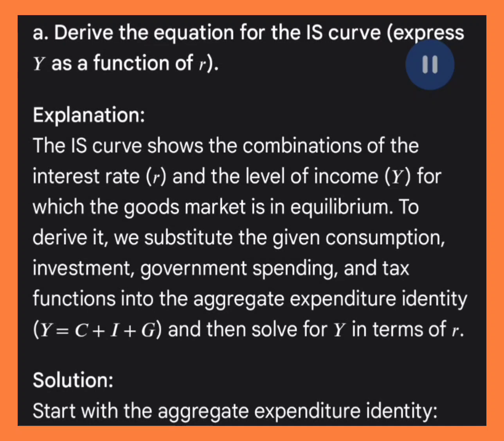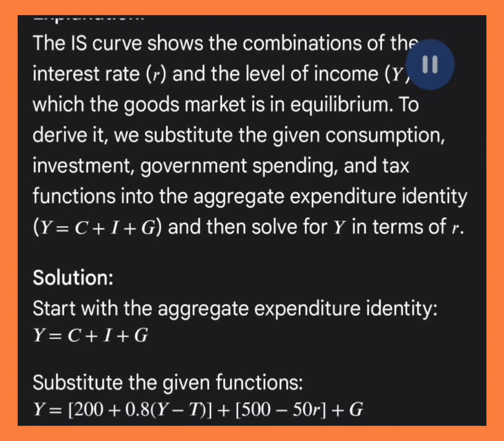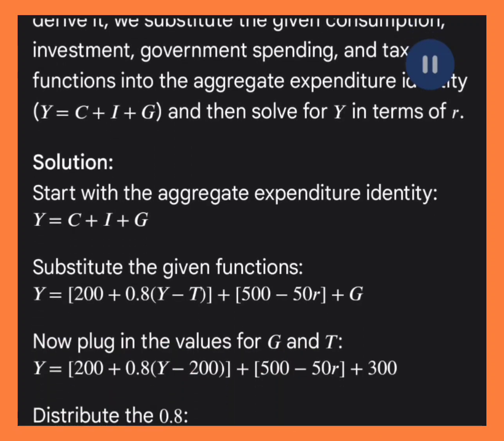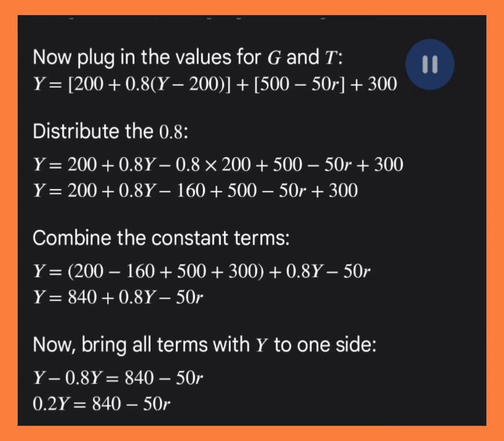Solution. Start with the aggregate expenditure identity, Y equals C plus I plus G. Substitute the given functions. Y equals 200 plus 0.8(Y minus T) plus 500 minus 50R plus G. Now plug in the values for G and T. Y equals 200 plus 0.8(Y minus 200) plus 500 minus 50R plus 300.